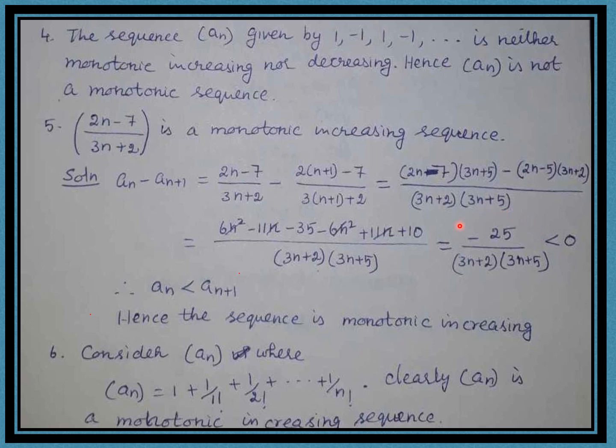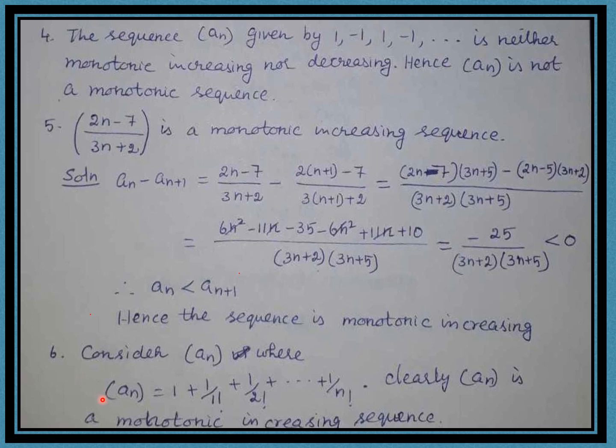The result shows minus 25 divided by a positive value. Therefore, the total value is less than 0. So an minus an plus 1 is less than 0, so an is less than an plus 1. Therefore, we conclude that it is monotonic increasing.